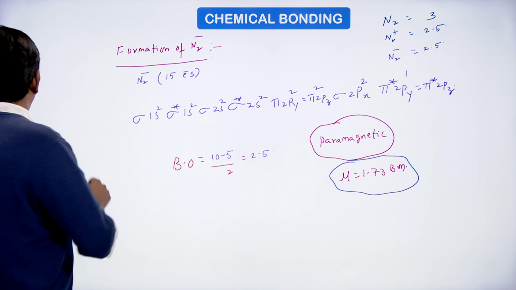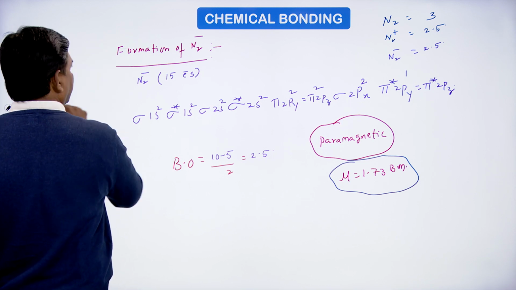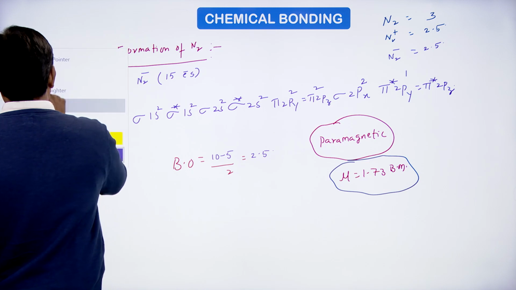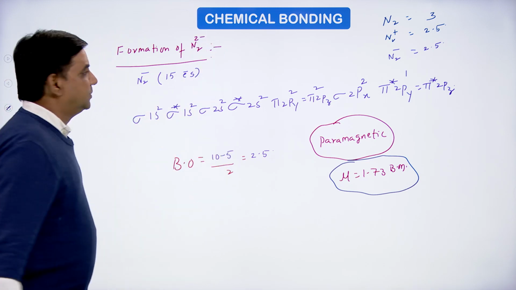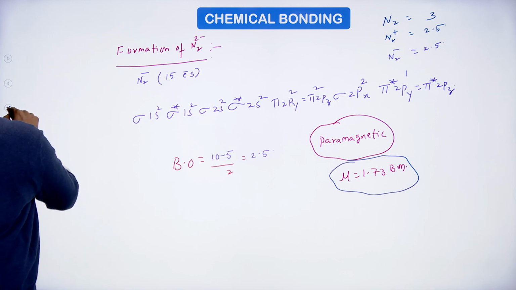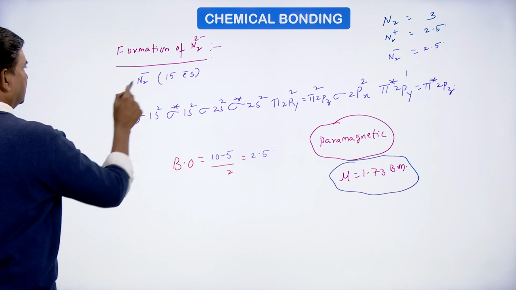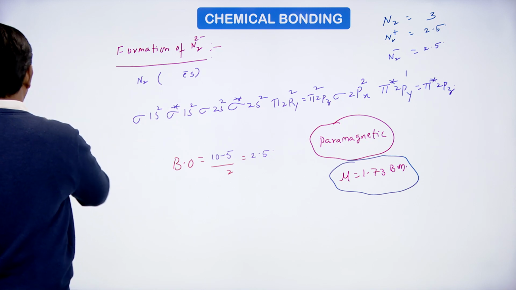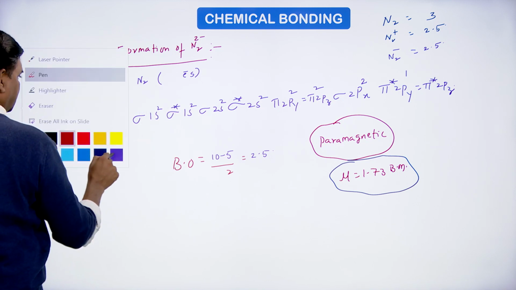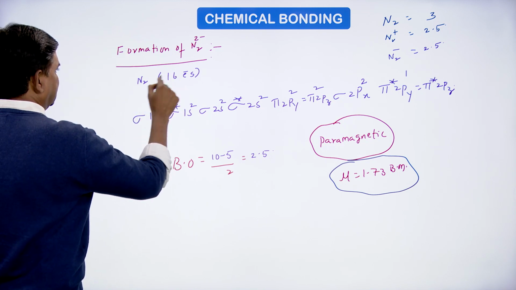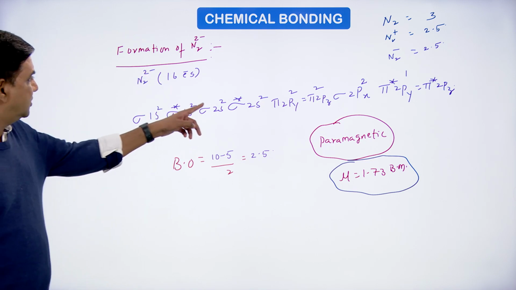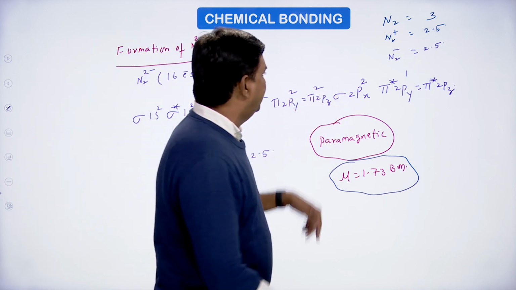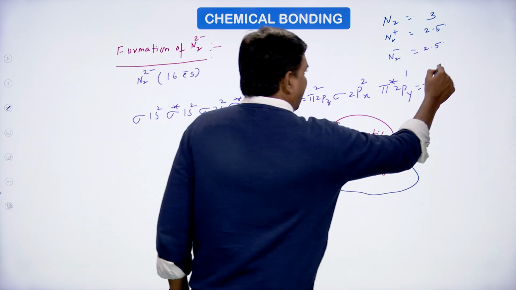Now students, formation of N2 2 minus. N2 2 minus means 16 electrons. 16 electrons means 4, 6, 8, 10, 12, 14, 15 and 16.